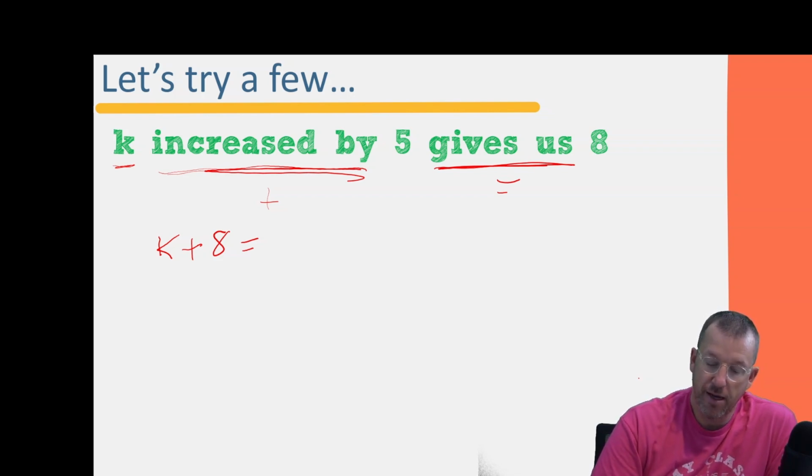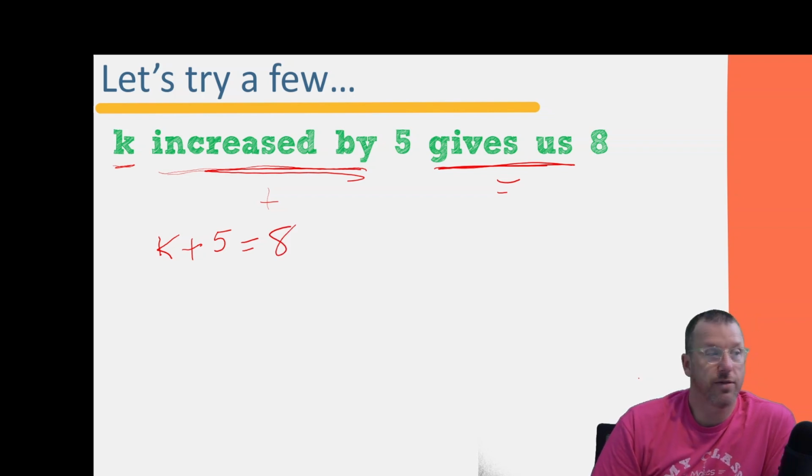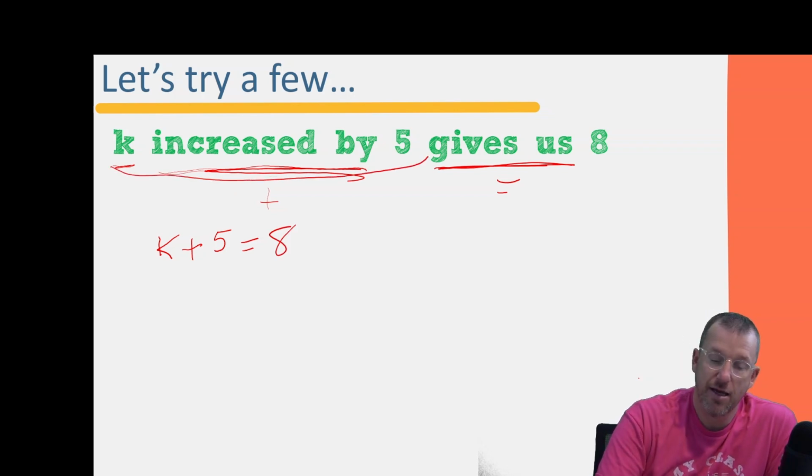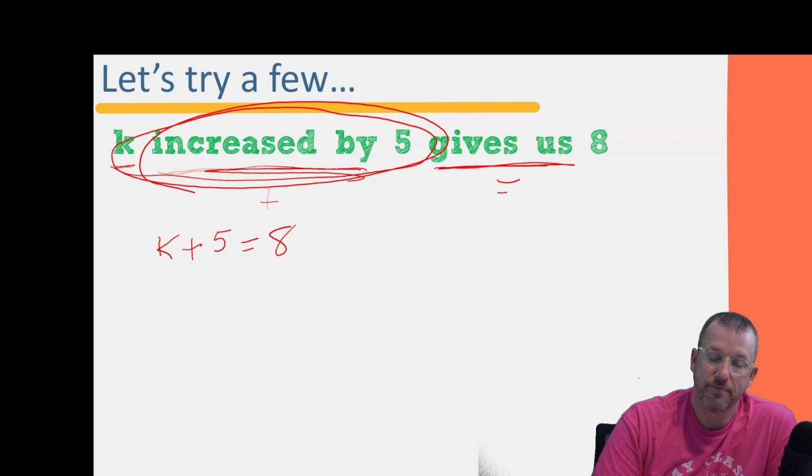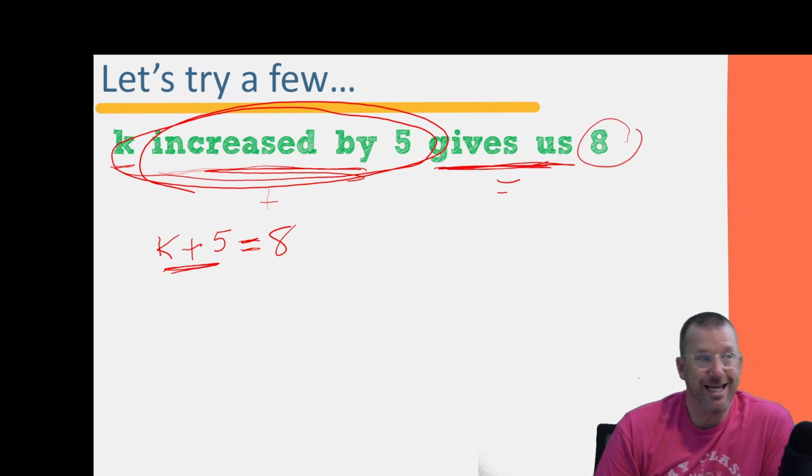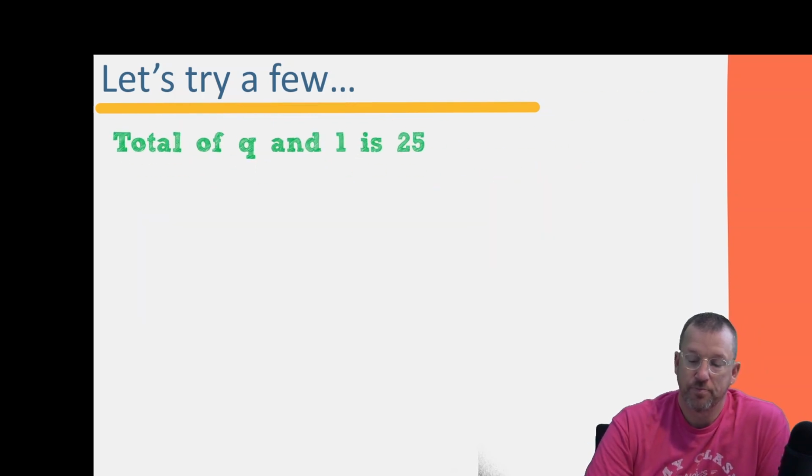K increased by 5 is going to give us 8, and that's what that phrase means. K increased by 5 means k plus 5, gives us a new quantity, which is going to be 8. This is what we're doing today: breaking these down so that we can get to a final equation. We're not solving them today.